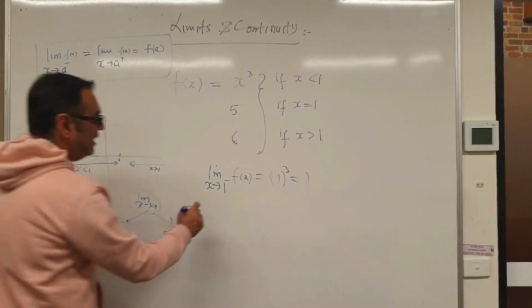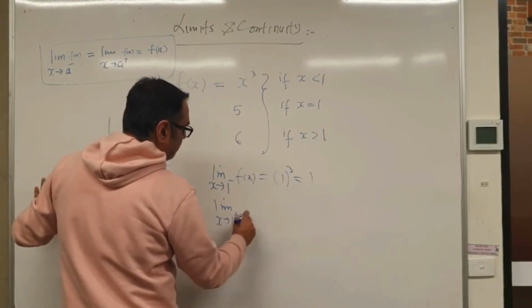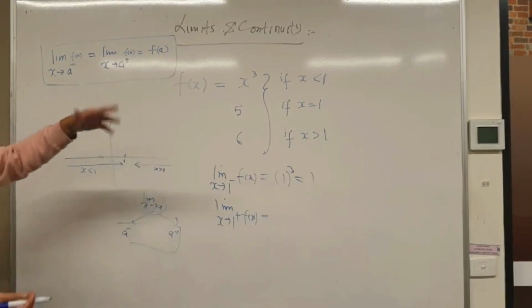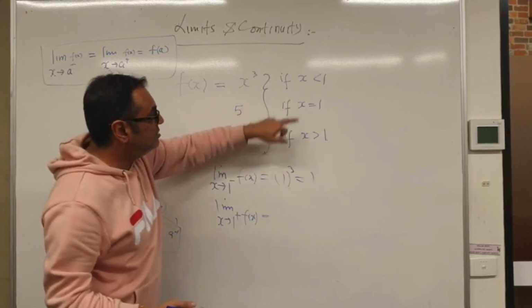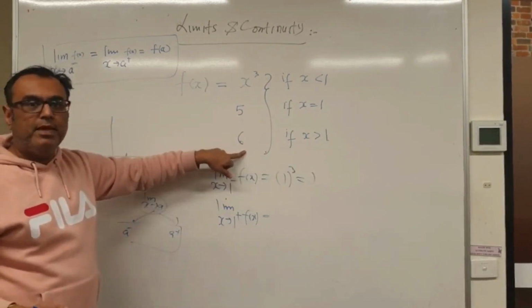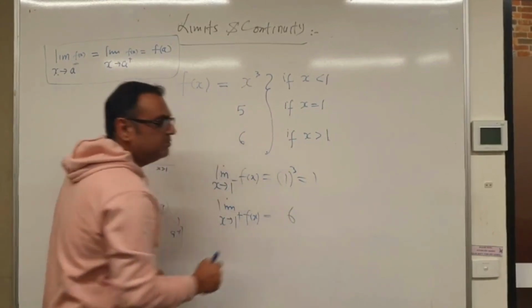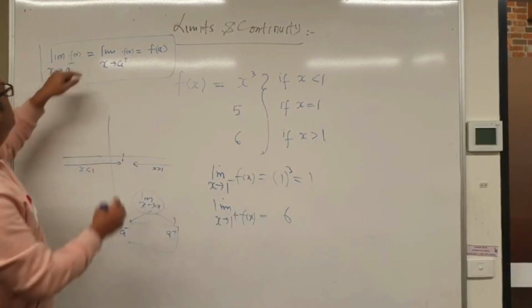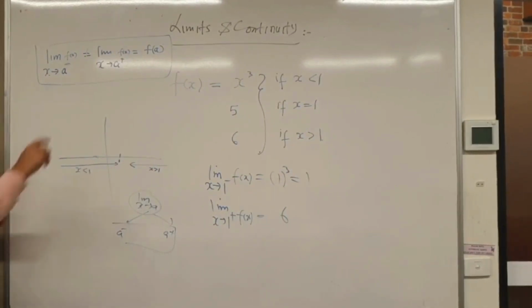Let's try to find the right limit. Limit as x tends to 1 positive of f of x. Now, which condition do I need to pick up for the positive side of x, which is the right limit? Not this one. And this is just a constant, value 6. Straight away you can see these two are not equal. It is not continuous, period.